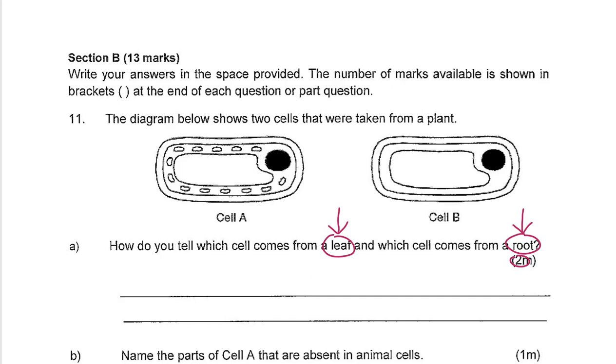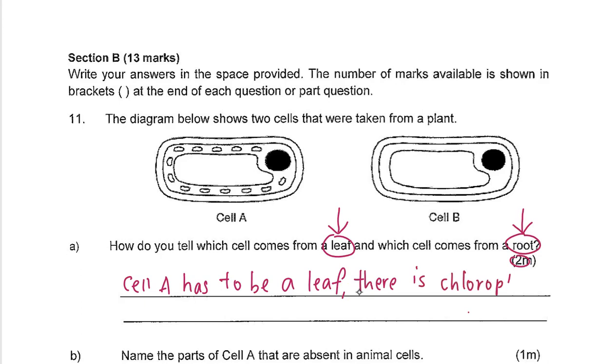So let's start talking about cell A first. Now cell A, what do you think it is? Is it a plant or animal? It has to be a leaf or a root. Alright, it has to be a leaf. Why? Because there is chloroplast.